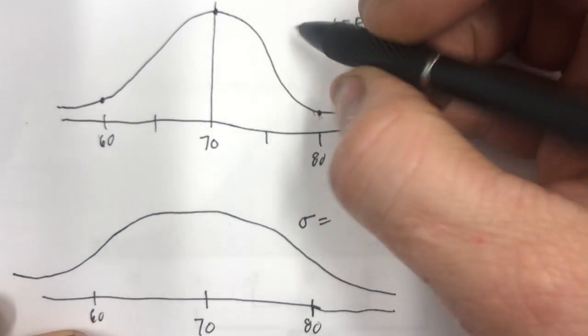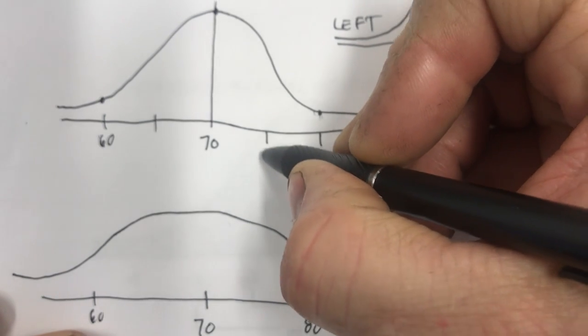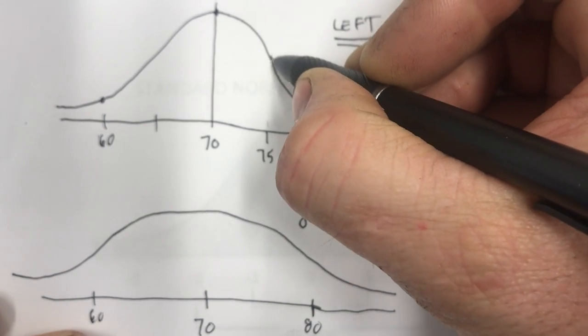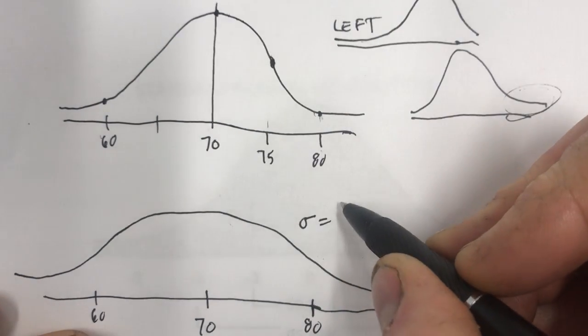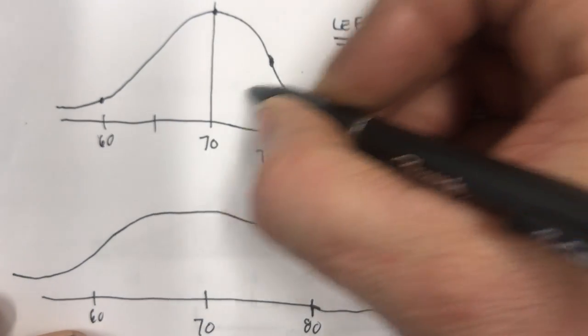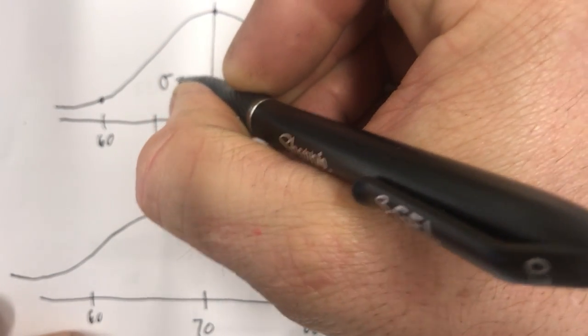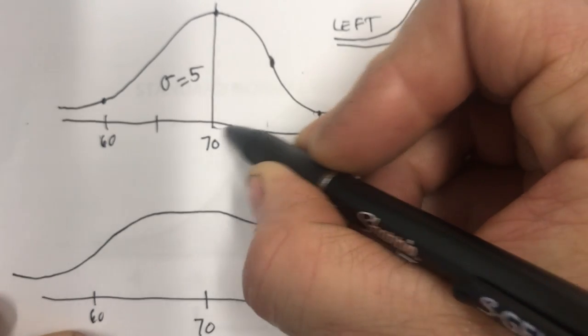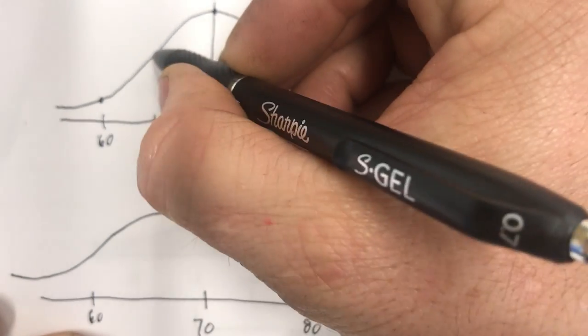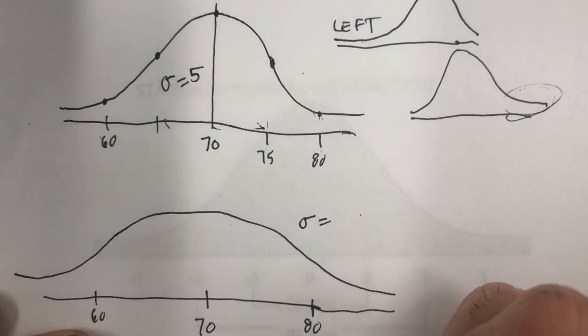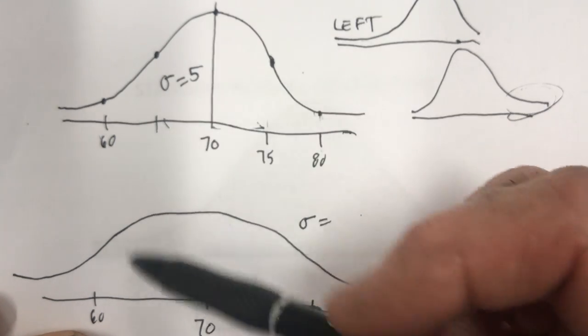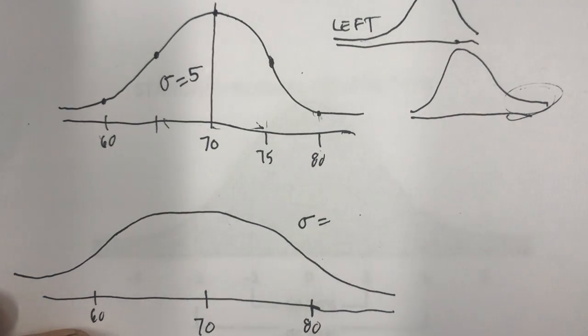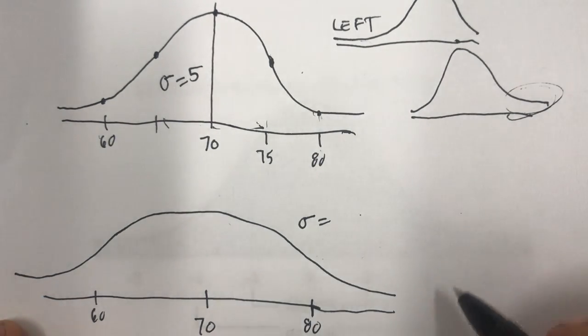So like on this right here, I would say right here at 75, that means my standard deviation on this one, I'll just write here, my standard deviation would be 5. Going 5 over here this way and then 5 over that way, I would have these points here that are called inflection points. Well, let me talk about that just for a second.